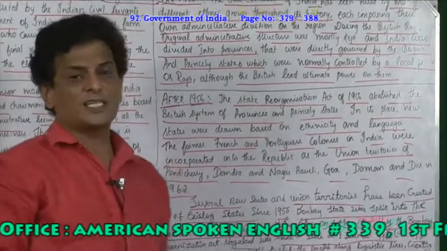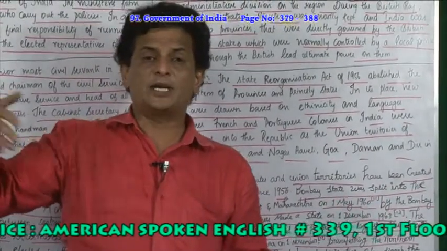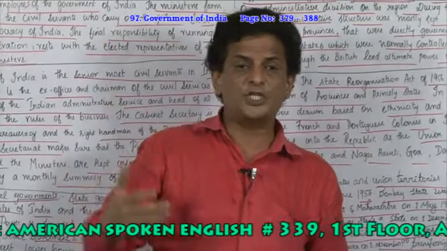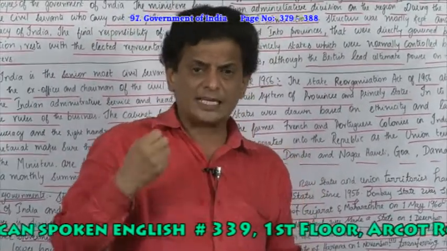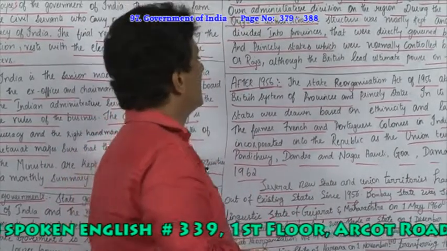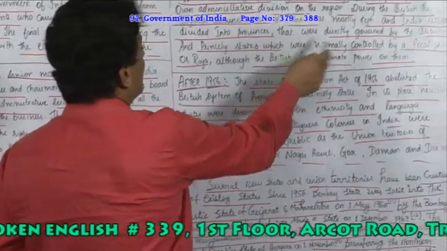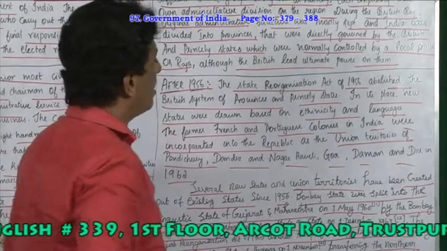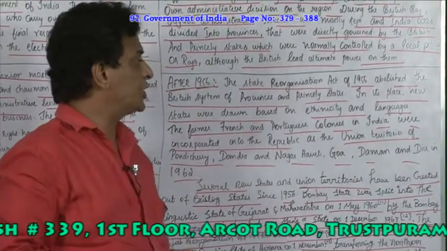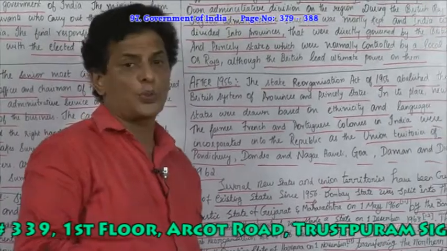What do you mean by provinces? You have Hyderabad Nizam, Kashmir Raja, Rajput kings. Everybody was under the control of the British, and the princely states were normally controlled by a local prince or raja, although the British held ultimate power over them.